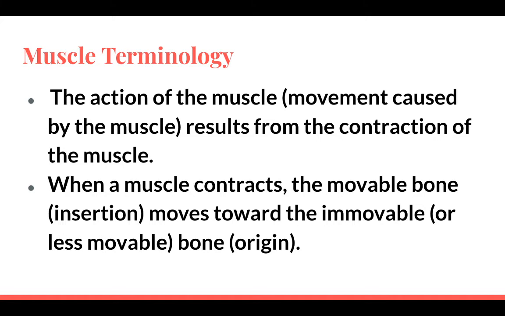In general, when a muscle contracts, the insertion is generally moved closer to the origin of the muscle. So when our biceps brachii contracts, it flexes the forearm, it moves that insertion, the radius, closer to that origin, the scapula, because it pulls that forearm up toward the upper arm.